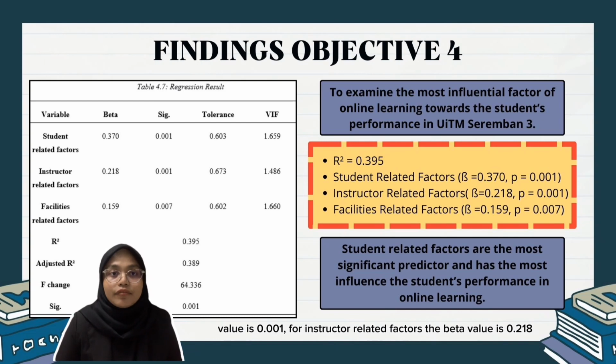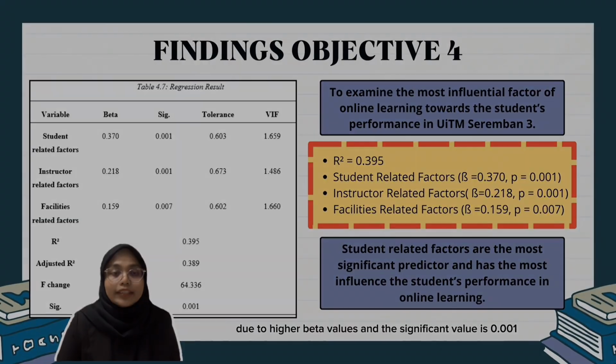For the instructor-related factor, the beta value is 0.218 with a significance value of 0.001. And for the facilities-related factor, the beta value is 0.159 with a significance value of 0.007. So we can conclude that the student-related factor is the most influential factor compared to the others due to the higher beta value and significance value of 0.001.